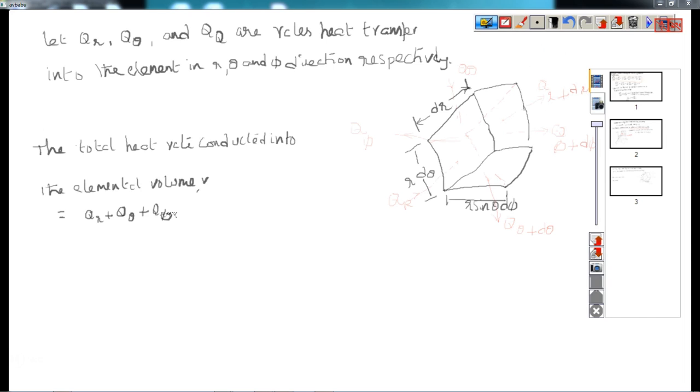Okay, so we know the equation of heat conduction. This is equal to minus k into the area normal to this r direction, Q r.